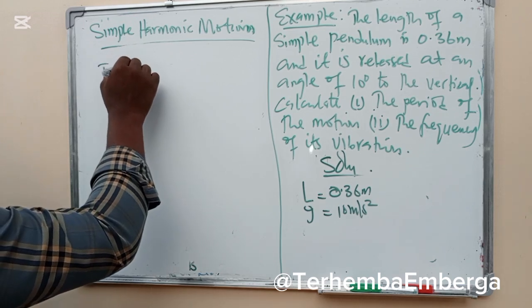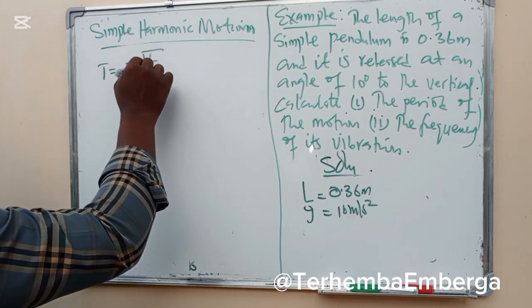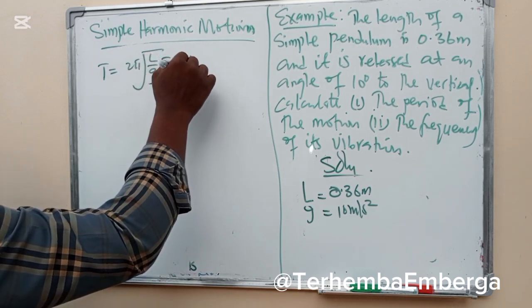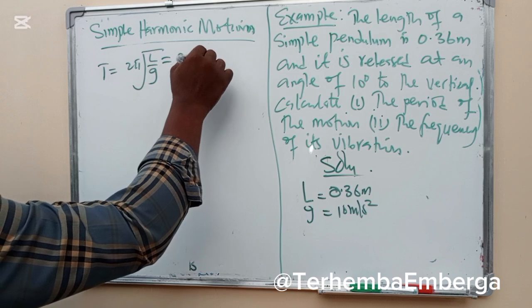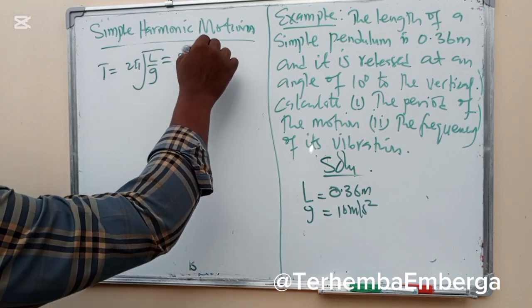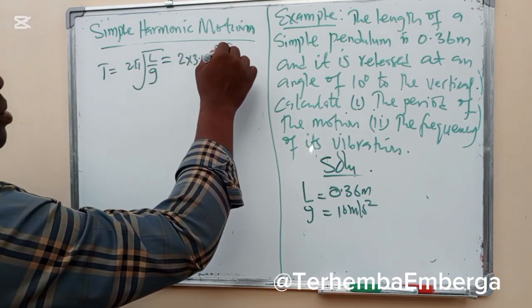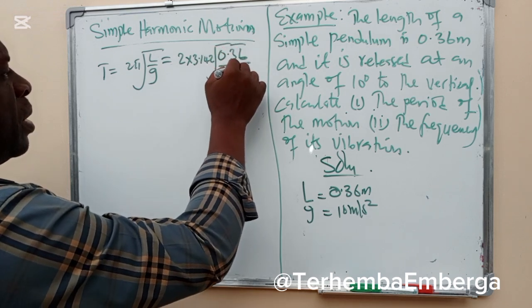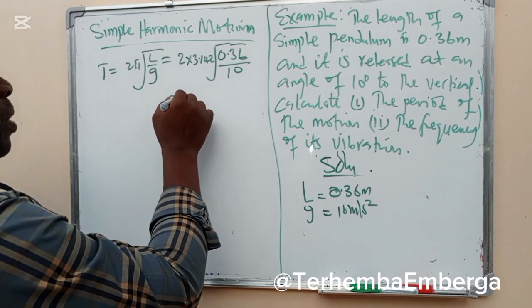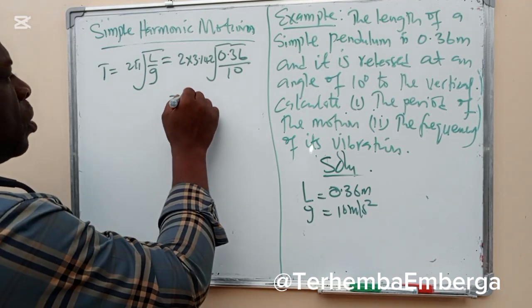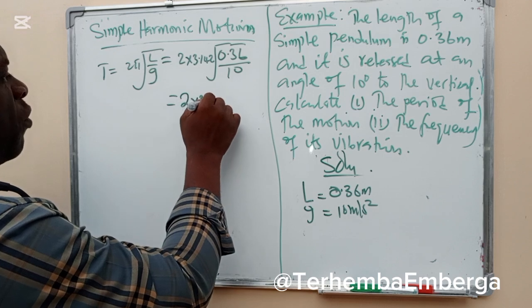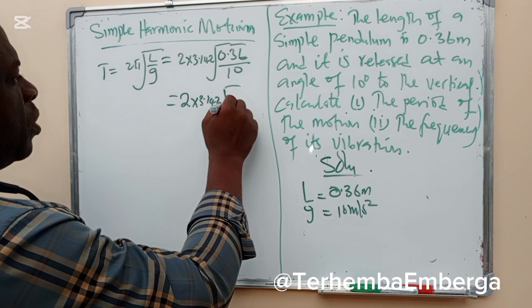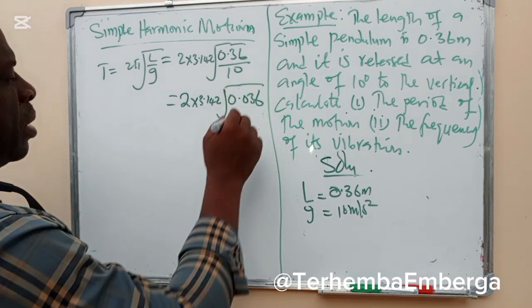So we can appeal to this formula. T is equal to 2 pi square root of L over g, which you can write as 2 times 3.142 times square root of L, which is 0.36 over 10. So we can evaluate this and say that 2 times 3.142, that's the value of pi, times square root of 0.036.